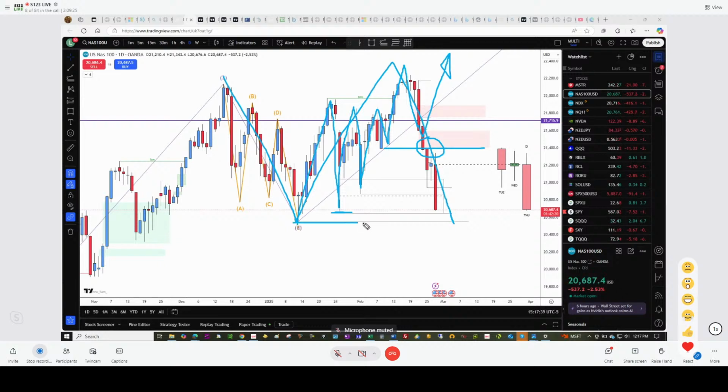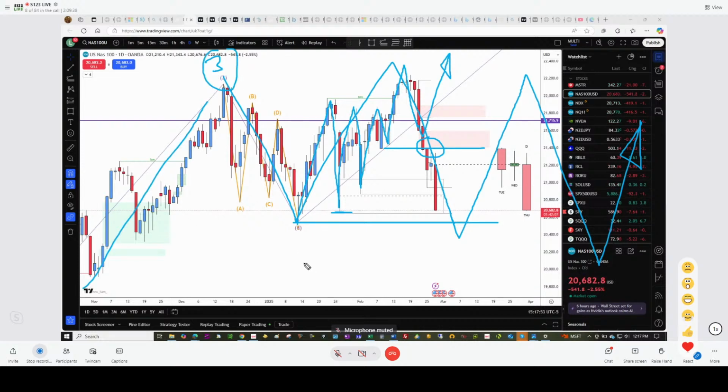They could take out this low, and then they could go back up again, come back down again. Then that's a pause. So that would give us our number 3 point because we're in this big huge move up. And then this could be our A, and this could be our B, and our C leg takes out the A, and then we could get a D coming back up. And finally an E.